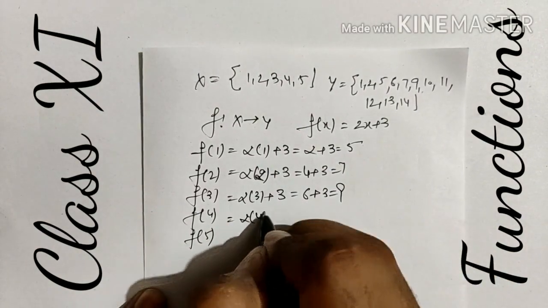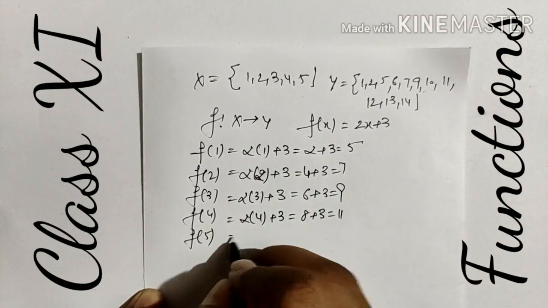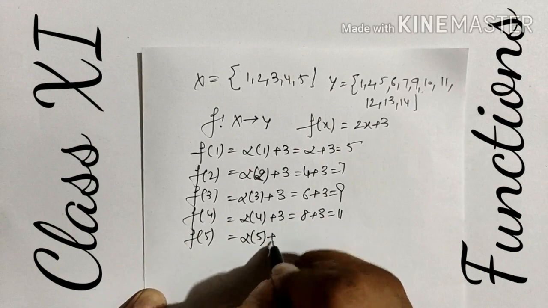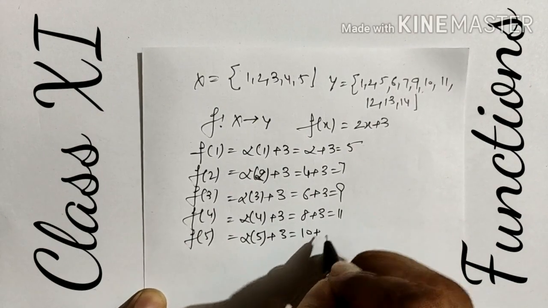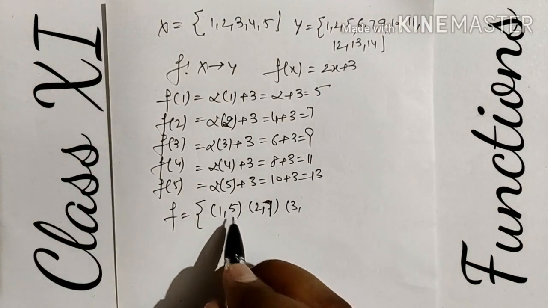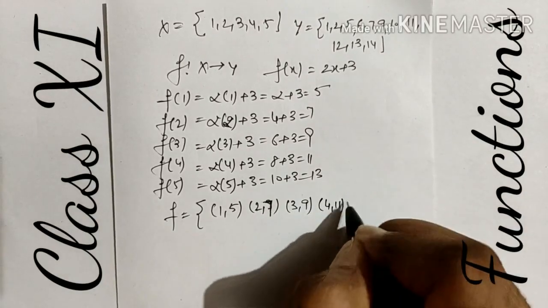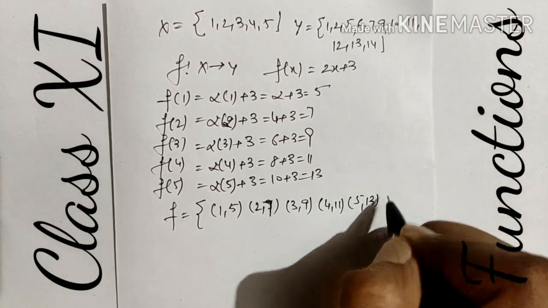For value 4 it comes out 11. For value 5 it comes out 13. So 1 is connected with 5, 2 with 7, 3 with 9, 4 with 11 and 5 with 13.